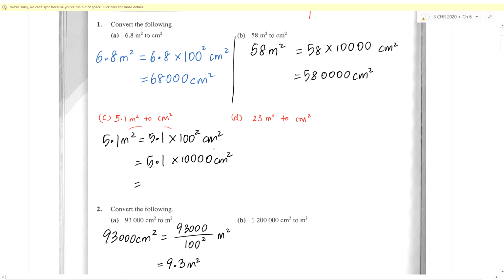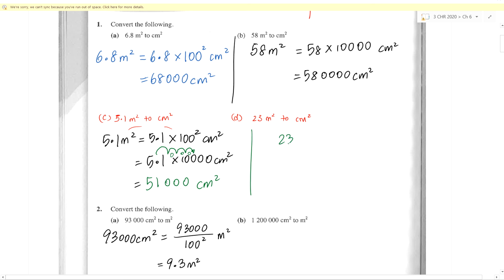Multiplying by 10,000, you jump 1, 2, 3, 4. So my answer will be, the decimal place will jump so many times, so 5, 1 with a 0, 0, 0, 0, 0 square centimeters. Or you can use your calculator. Nobody's stopping you from using your calculator.